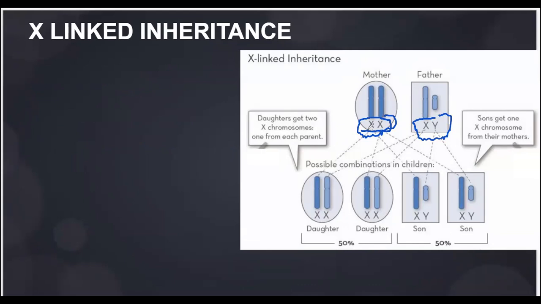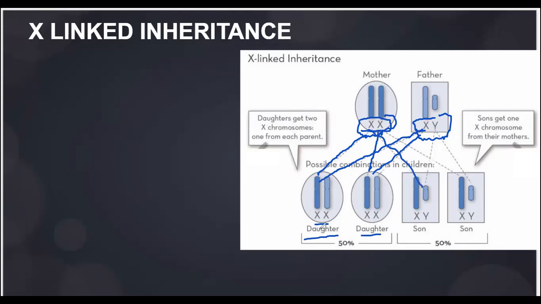She doesn't have any variety, whereas the father has X and Y. So if this X is coming in the progeny, and another X from the father, a daughter will be produced. Because for a daughter to be produced, or for a female to be formed, what sex chromosomes need to be present? 2X. So here also this X and then this X. Okay, so daughter. Now again the mother will contribute this X, and the father we are done with the X.